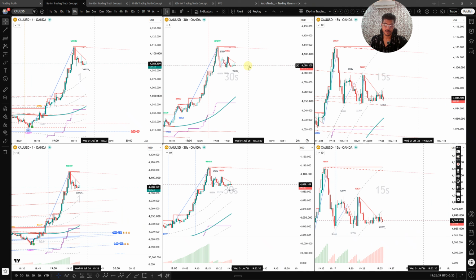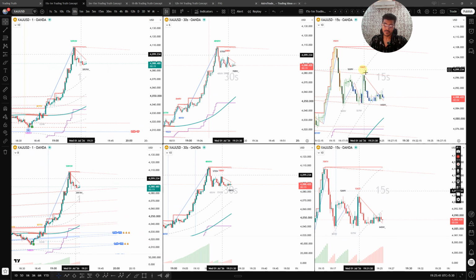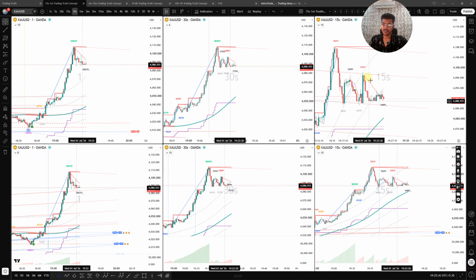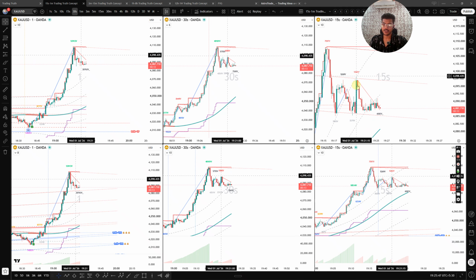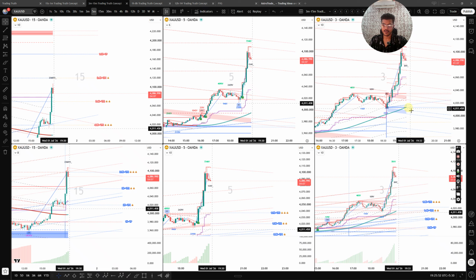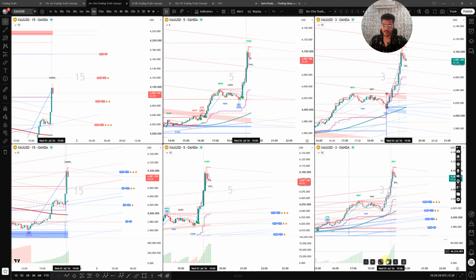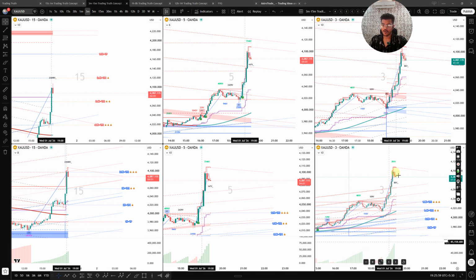Yeah, it is gonna retrace down, but I'm waiting for some sort of opportunity like this again. If I want to take a short trade, like in 3 minutes, you see big effort. You see the volume at the bottom, I have volume. Volume has increased a lot on the upside.